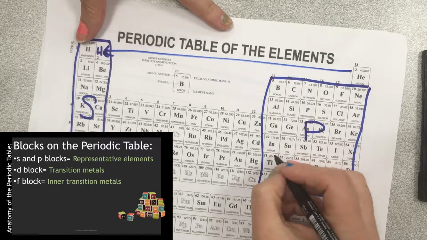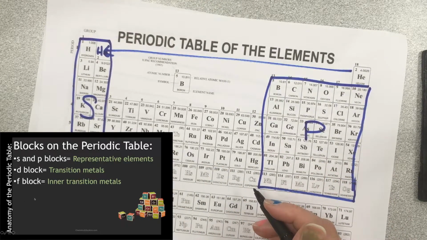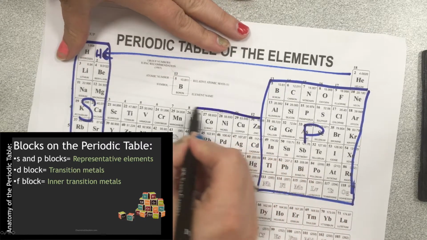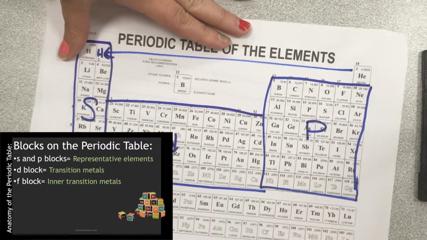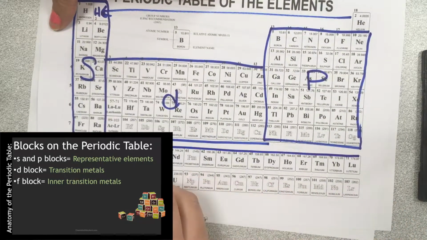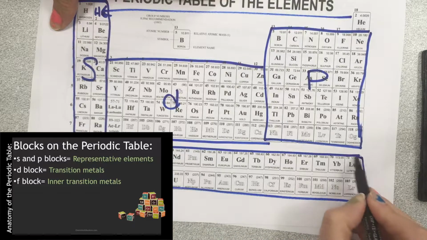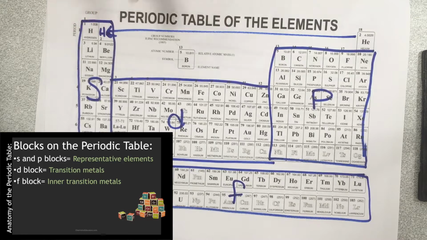This will be considered the P block, okay? So those are representative elements. That's what we name them. And then in the middle, the D block. So all of these transition metals right here, they are part of the D block, okay? And then down here, we have the F block, okay? And we name them according to the orbitals.